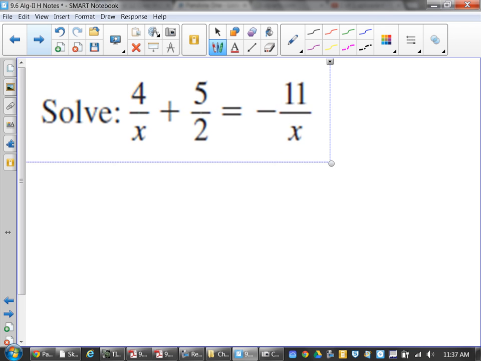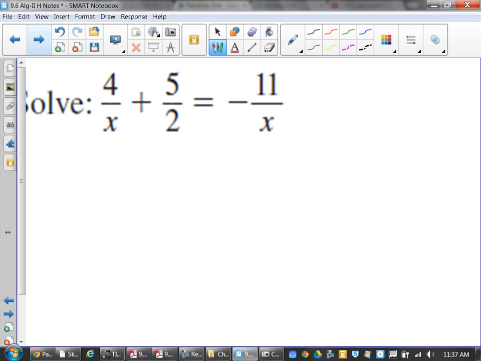Now, let me show you a little trick here. When you're writing this one out, 4 over x plus 5 over 2 equals negative 11 over x. What I want you to do is anytime you have something with a negative symbol, make sure you put it in the numerator.